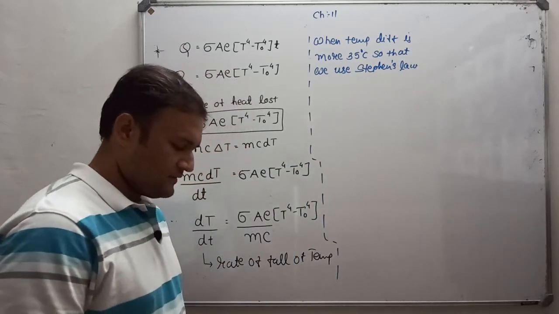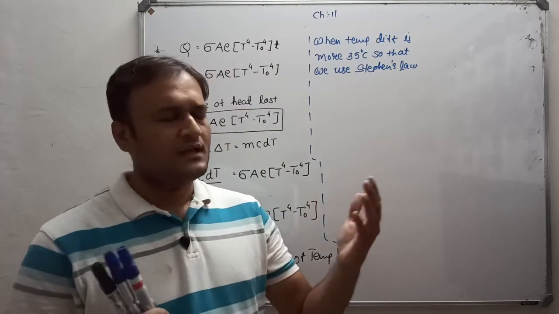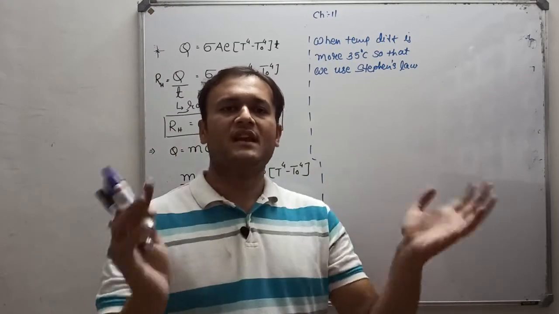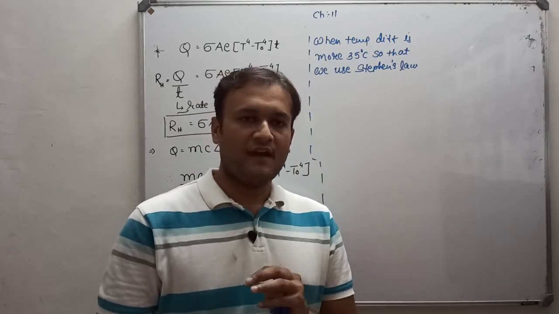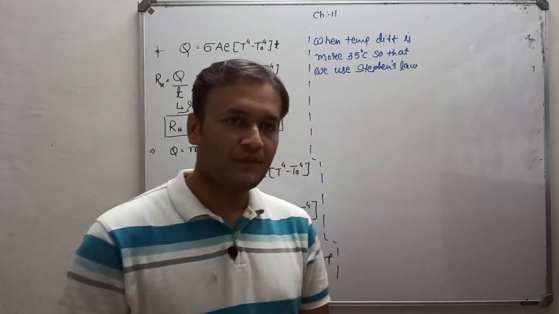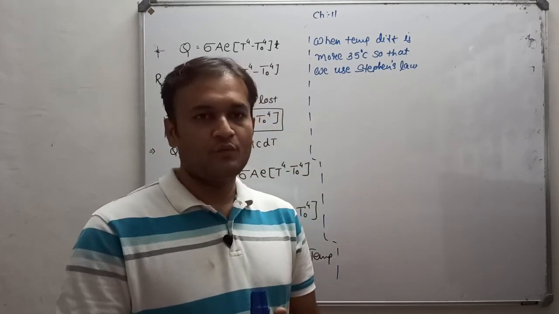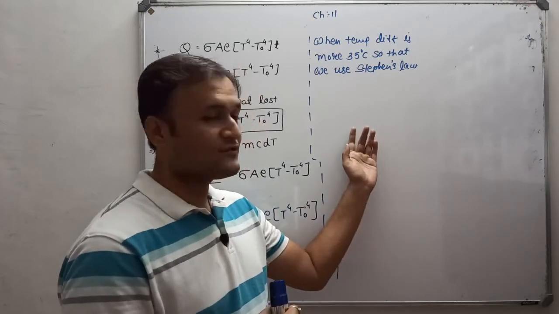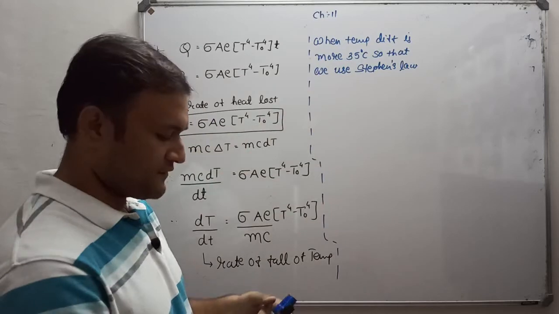Generally, we can say if the temperature difference between the body temperature and the surrounding temperature is more than 35, 99% we use Stefan's law. Less than 35 we use Newton's law of cooling. After this topic we study it. Okay, we use Stefan's law.